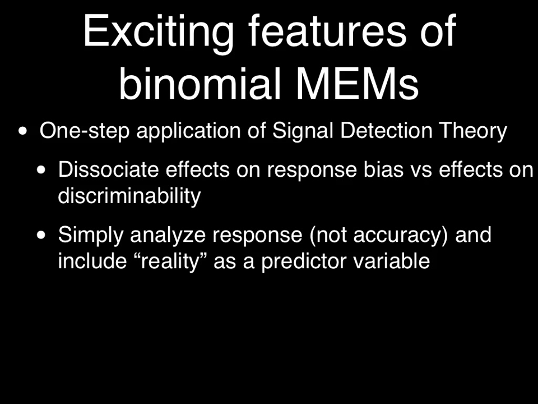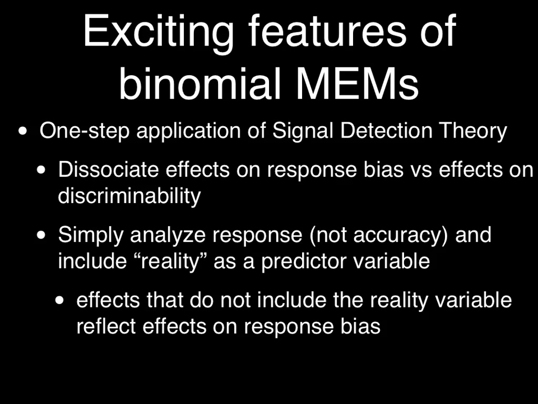So you'd have trial by trial data. Say they said red, and one of the columns in your data is what the actual stimulus was. Maybe it was red. Then you'd have another trial where they said green, and maybe the thing was actually still red. So you'd be including reality as a predictor variable of response.